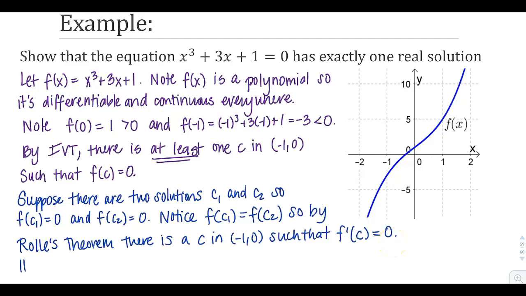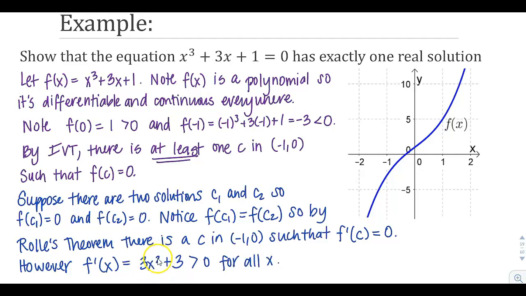So we want to write something like, however, f prime of x, the derivative 3x squared plus 3, is greater than 0 for all values of x. So the derivative f prime of x, 3x squared plus 3, it doesn't matter what we substitute into x.